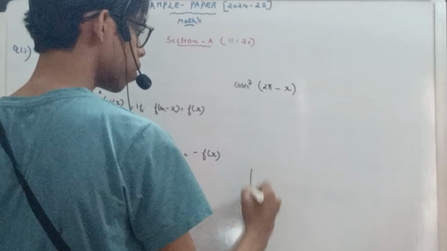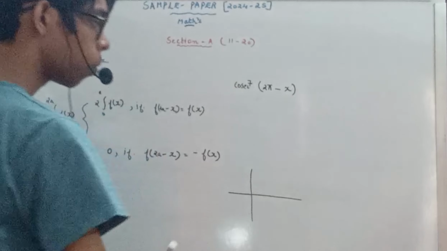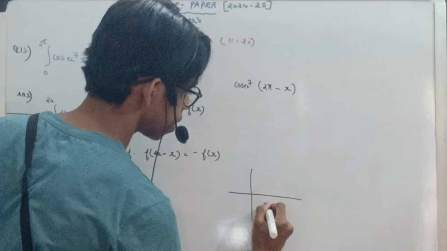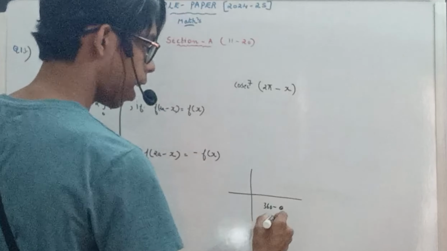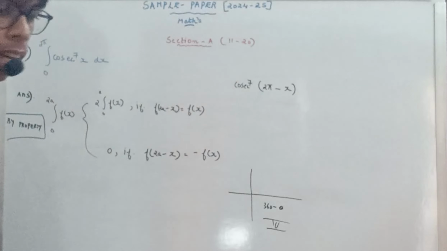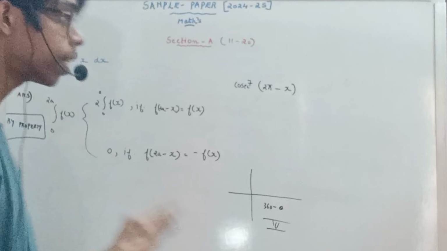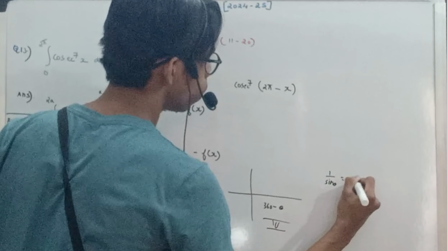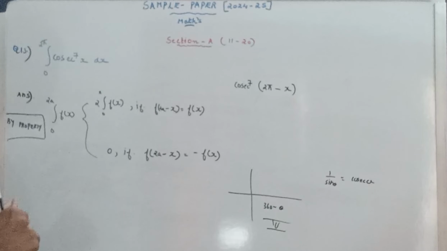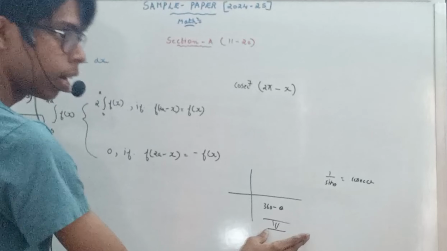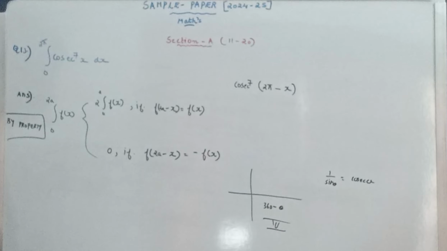Okay, so now if you just draw your quadrants, we know all silver tea cups, and we know that 360 minus theta lies in the fourth quadrant, isn't it? And here we are having cosec, and you know that cosec is the reciprocal of sine. We know that 1 by sine theta is equal to what? Cosec theta. Okay, so in the fourth quadrant only cos is positive.